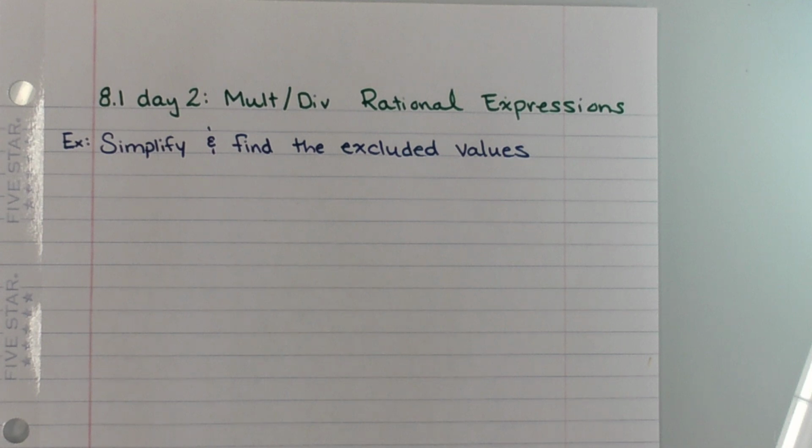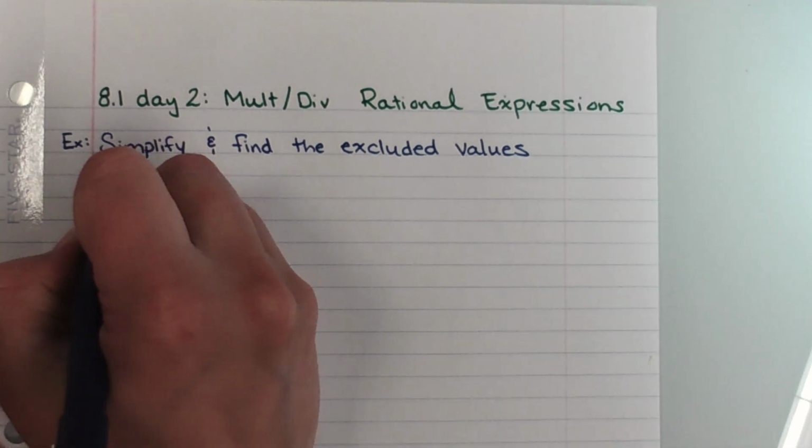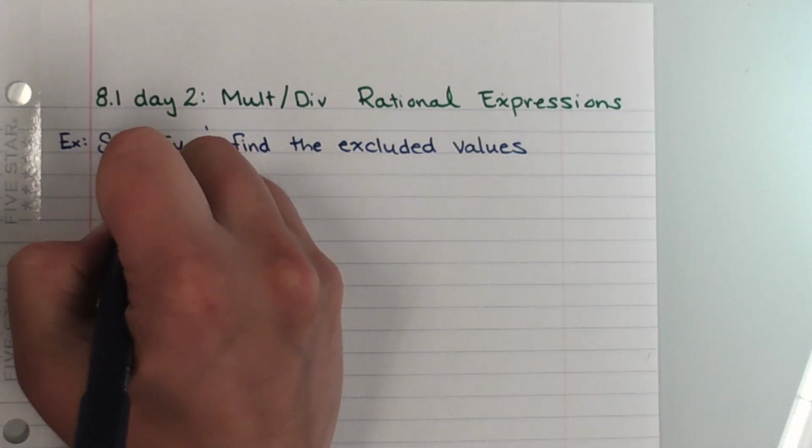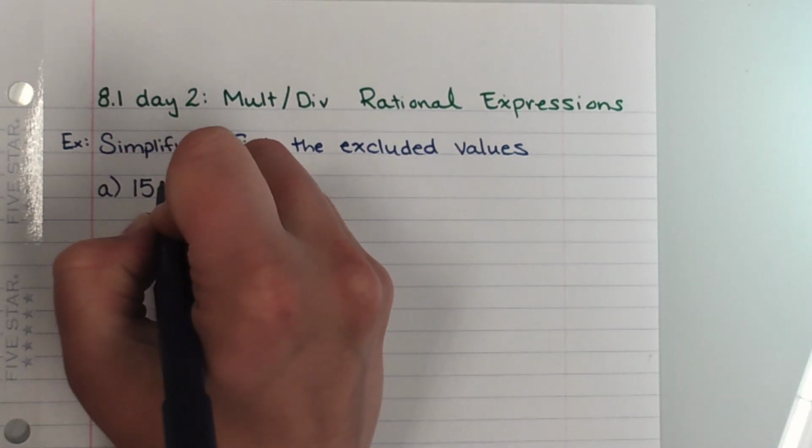I will on certain problems where it's just a straight, here's the single rational expression, simplify it down. But excluded values are going to be something that builds into a later part of the chapter. That's why we start finding them. But oftentimes when we simplify, it's just going to be simplify if it's doing more than just a single simplify.